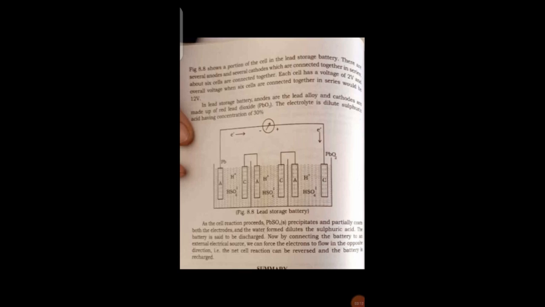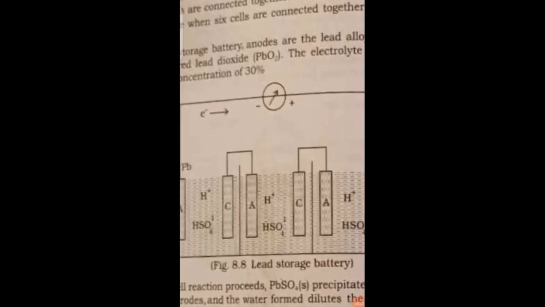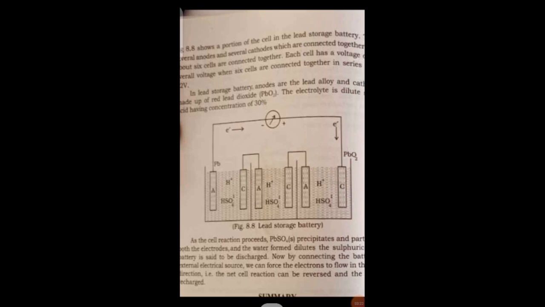Now we will talk about the construction of this lead storage battery. As you see over here, 6 pairs of cells are present. That means anode and cathode combined is one pair, so it has 6 pairs.